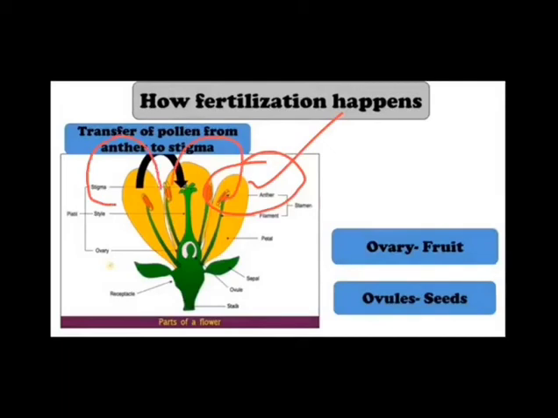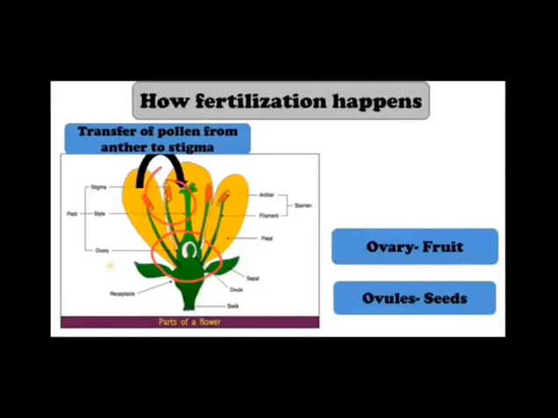Through honeybees, by air, by wind. After the transfer of pollen grains from anther to stigma, these pollen grains travel through the stigma and reach this part, the ovary.